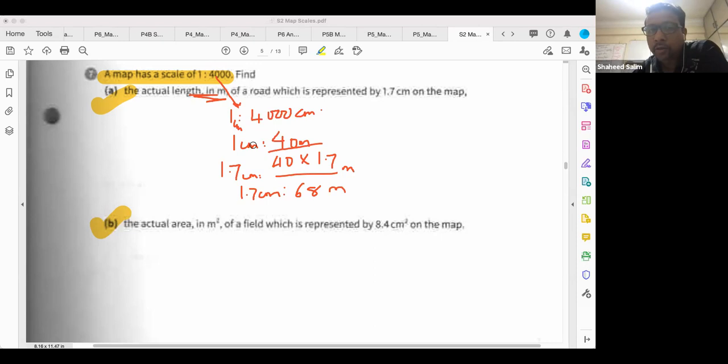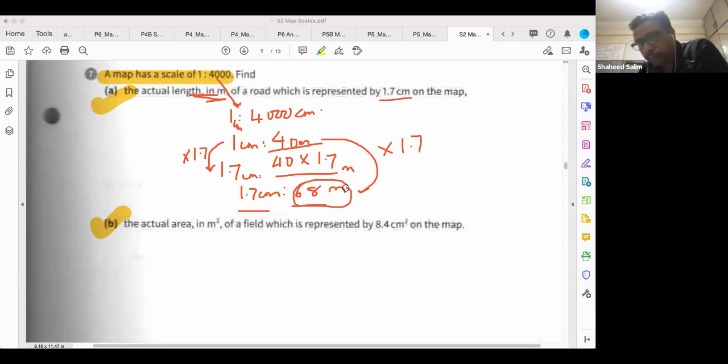So 1 cm is the same as 40 meters. Then they ask you 1.7 cm is how much? Well, to get to 1.7 cm, I need to times by 1.7. Same thing, to get to 68, I need to times by 1.7. This one got to be considered easy for you because we are going to go to area now.